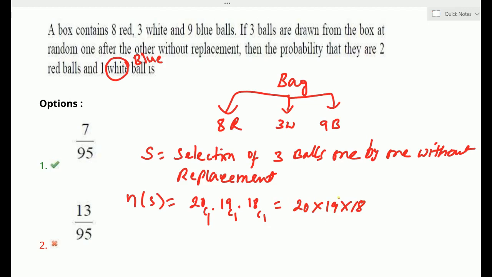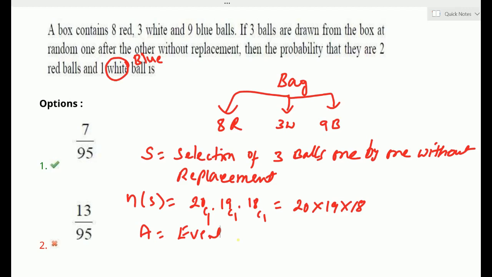So now we'll see, we'll take that A is the event of selection of 2 red balls and 1 blue ball. బ్లూ ఉంటేనే దీనికి ఆప్షన్ ఉందని చెప్పాను కదా. What is the event A? Selection of 2 red balls.